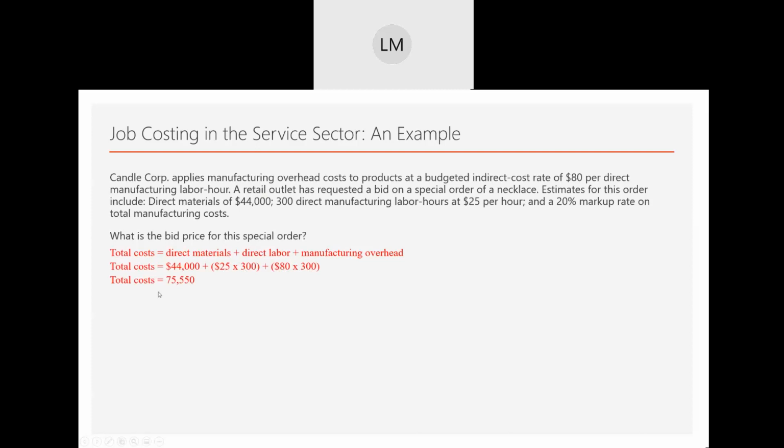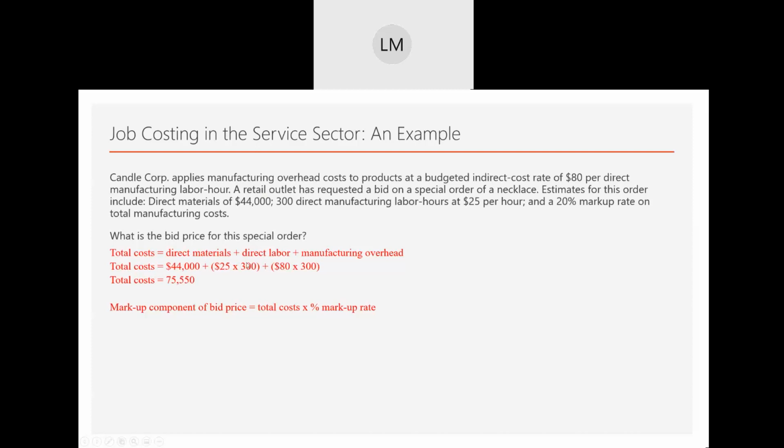Now the next thing I need to compute is the markup component of the bid price. My bid price is going to be comprised of two parts: the cost and the markup component. The markup component of the bid price is going to be my total costs multiplied by my markup rate.